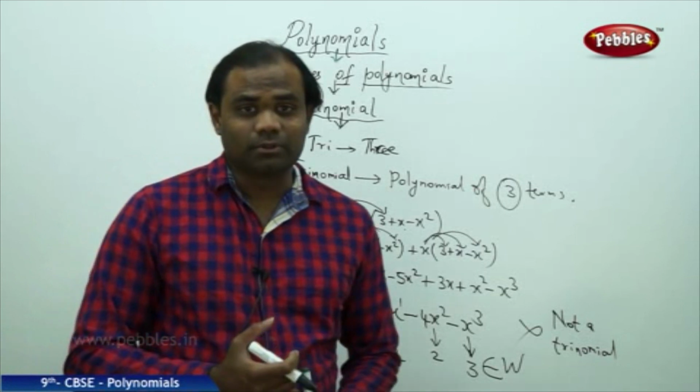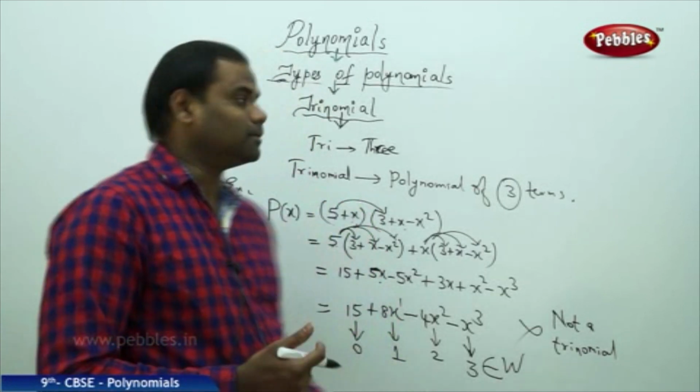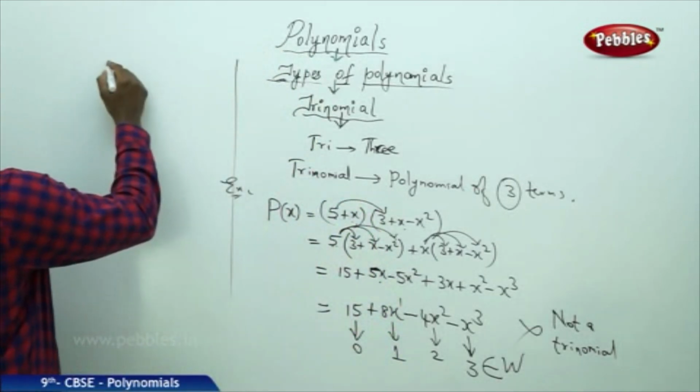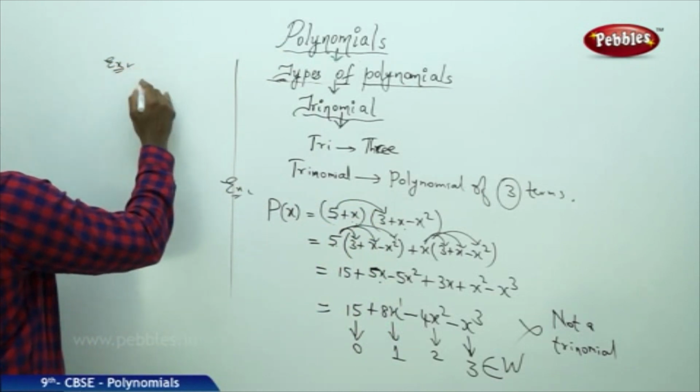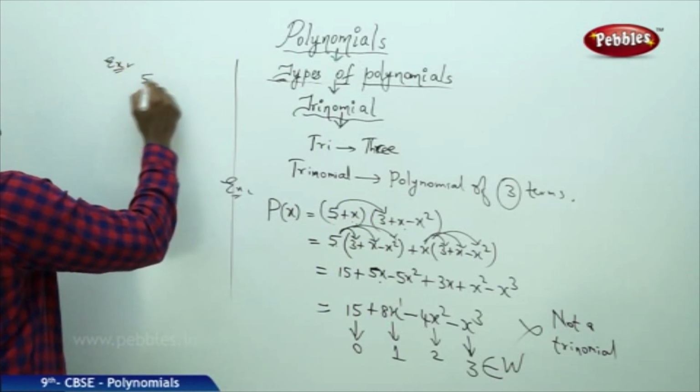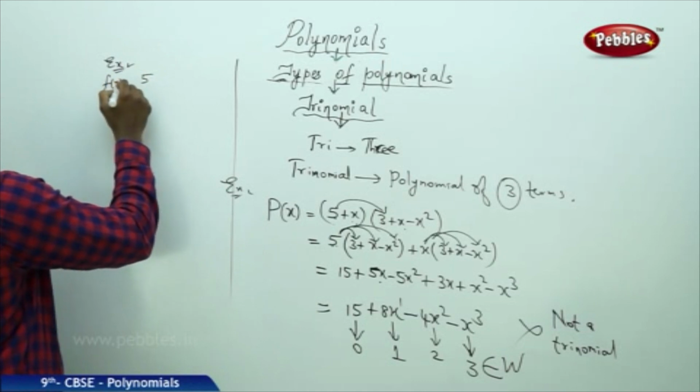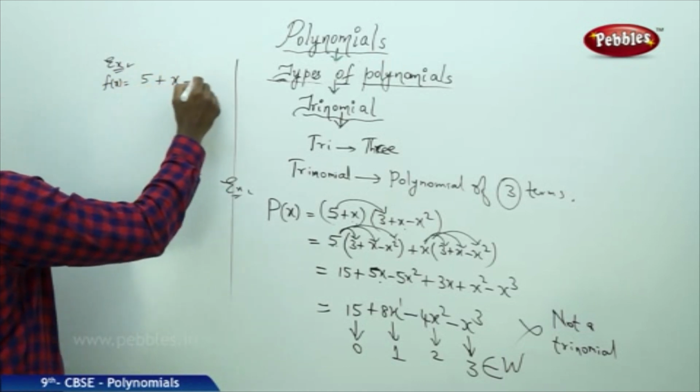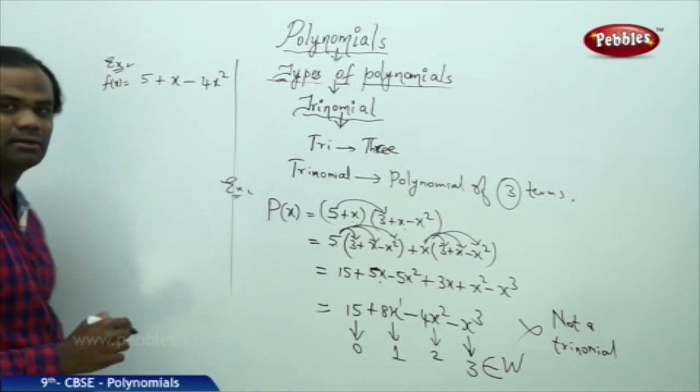Let's take one more example to see if that is a trinomial. For example, I have f of x equals 5 plus x minus 4x squared.